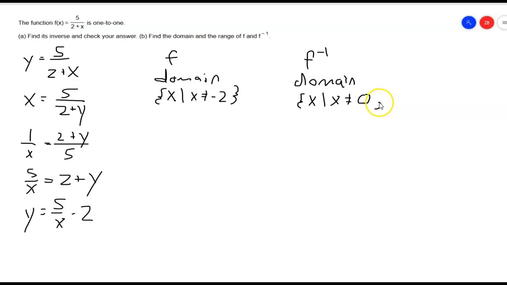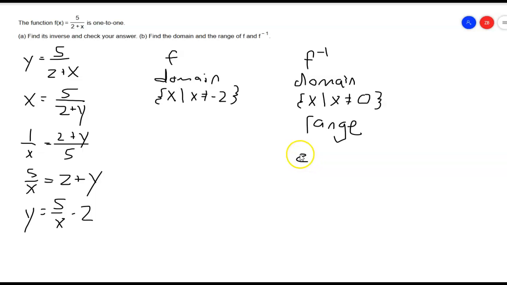Prior to this, when we've looked at the range of functions, one of our best ways to do that was to graph it and take a look at it to see for which values we had y's. But since we know the inverse exists because this function is one-to-one, we know that the range of this function is simply going to be the domain of this function.